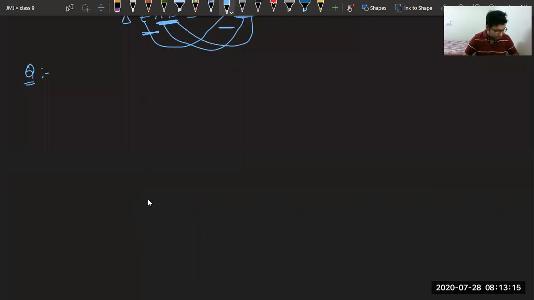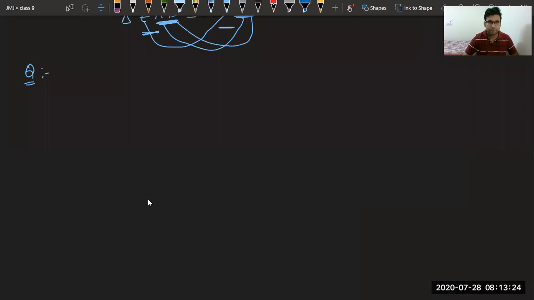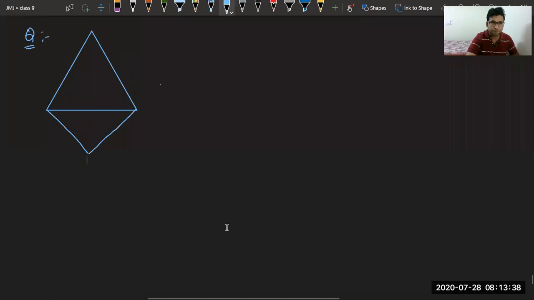So here we have ABC and DBC, two isosceles triangles. Let me draw them. So first triangle ABC and second triangle DBC, like this. One second. So we have two triangles.